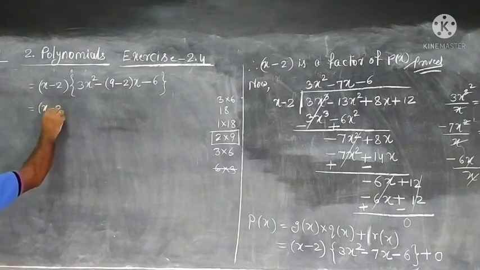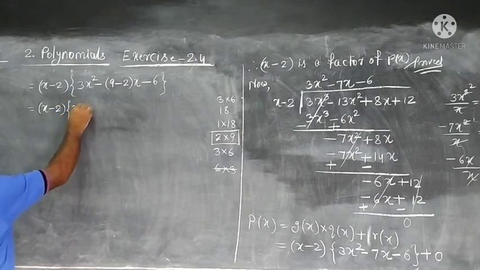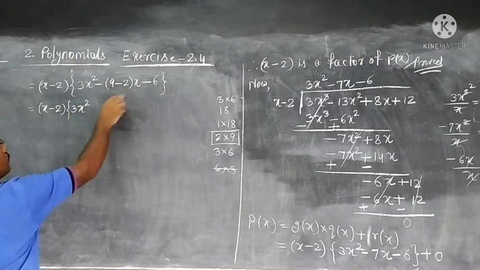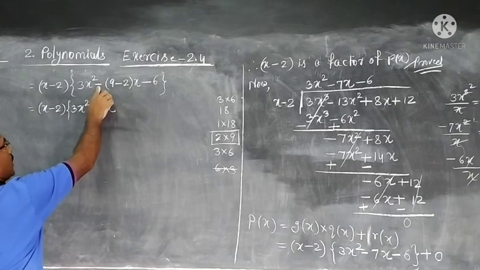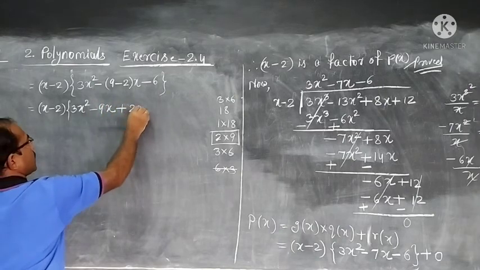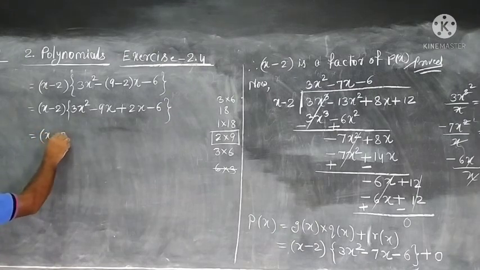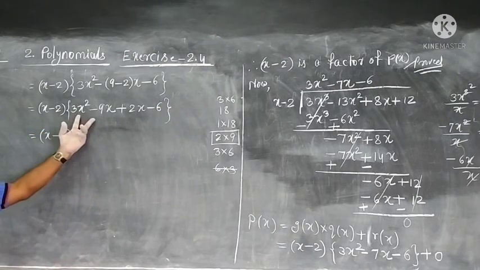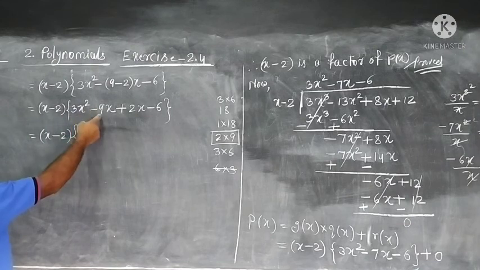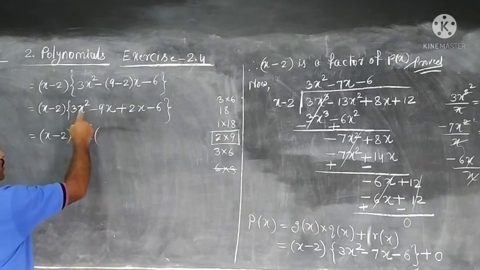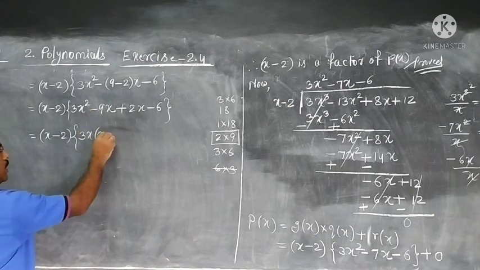x minus 2 into 3x square minus 9x plus 2x minus 6. x minus 2, what will we take common from these two? 3 3s are 9, 3 1s are 3, x square x, remaining here only x minus 3.